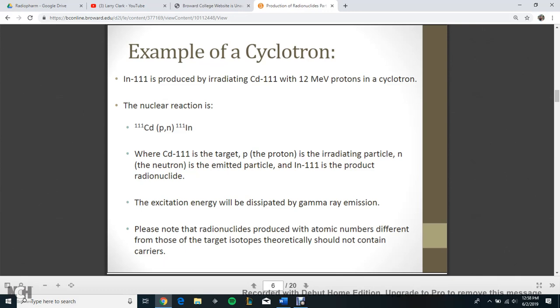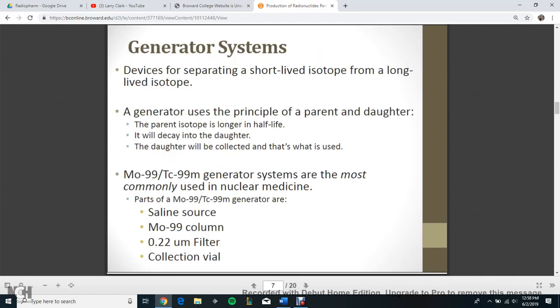The excitation energy will be dissipated by gamma ray emission. Please note that the radionuclides produced with an atomic number different from those of the target isotopes theoretically should not contain carriers.